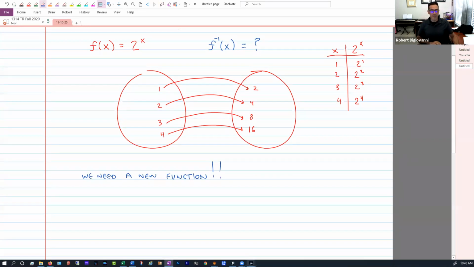And the name of that function, or those functions, they have a name, logarithmic functions. They're called logarithmic functions.